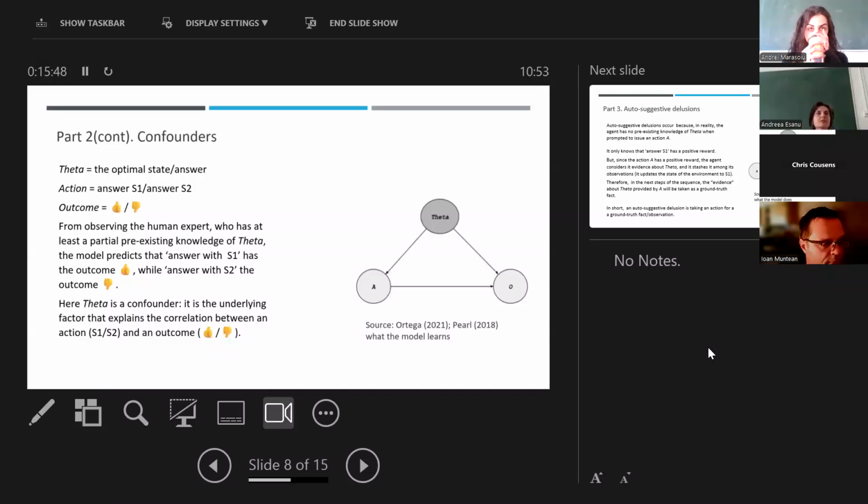In order to get a grip of this theta, the agent has to learn something and makes, in this respect, some observations. From observing the human expert, who has at least a pre-existing knowledge of theta, of the optimal answer, the model predicts that the action answer with S1 has the outcome okay, while the action answer with S2 has the outcome not okay.